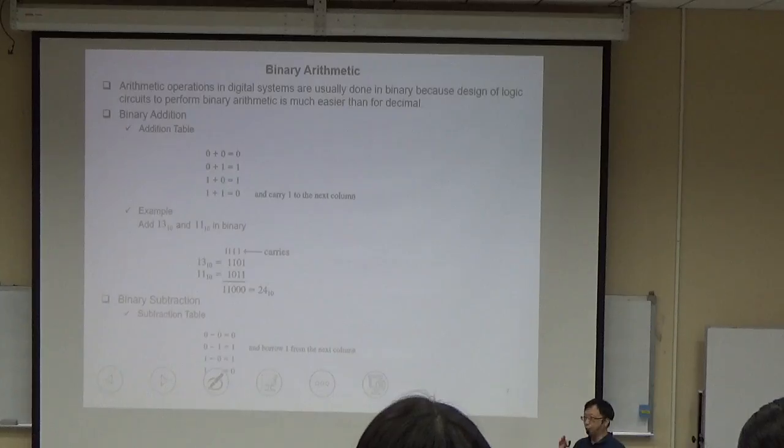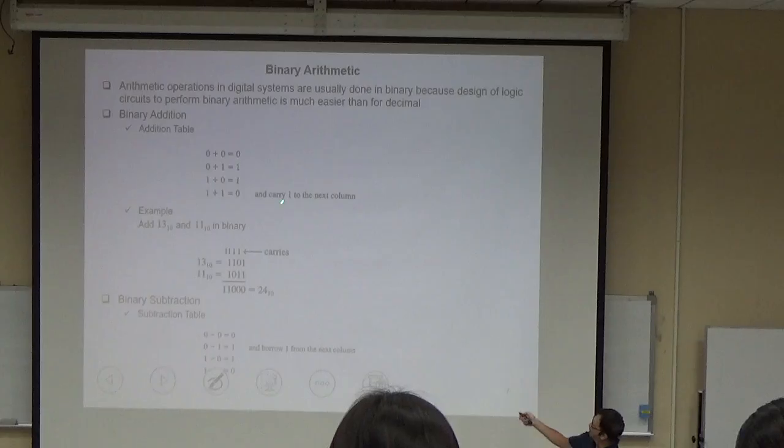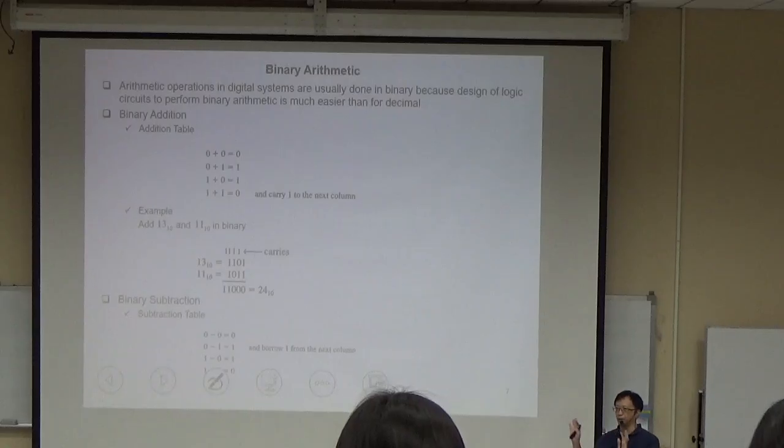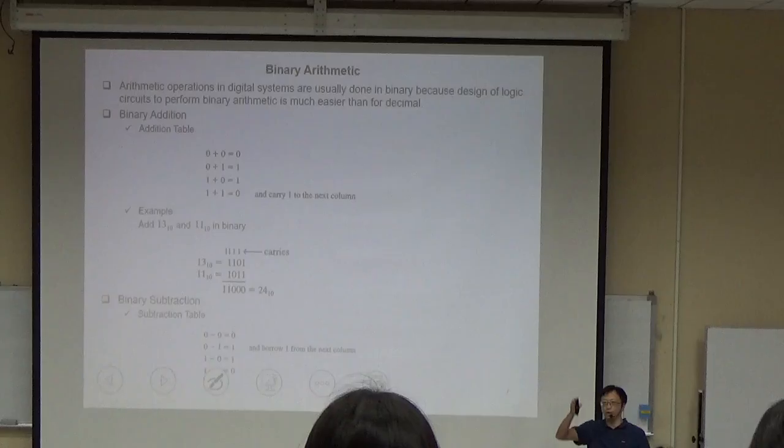If we add 4 ones in binary together, we cannot follow any rule right here, right? Too many ones together, then we cannot use any rule right here.